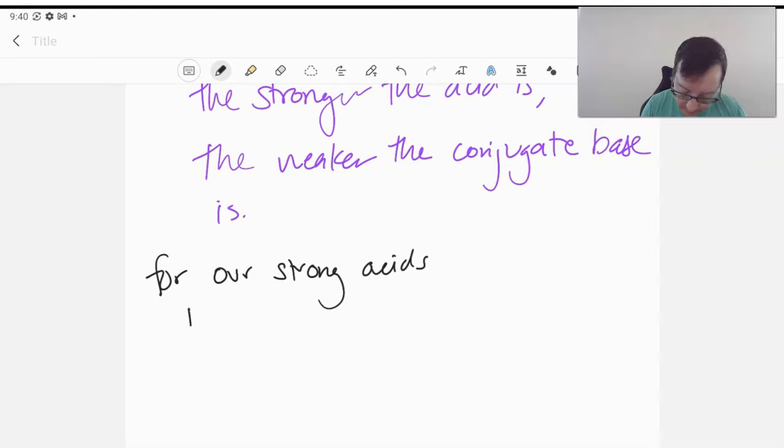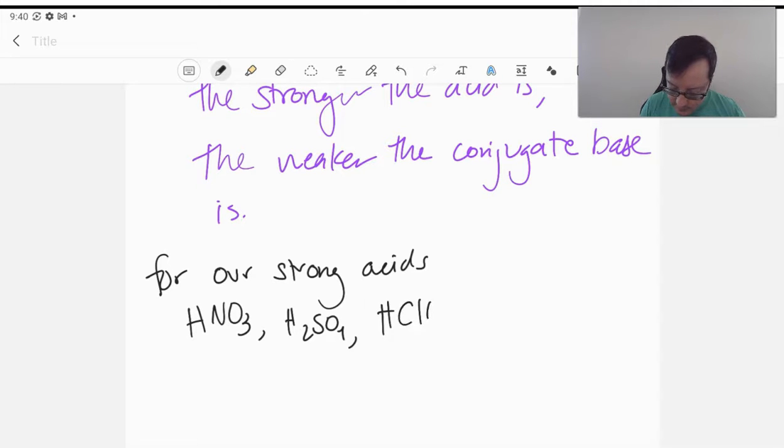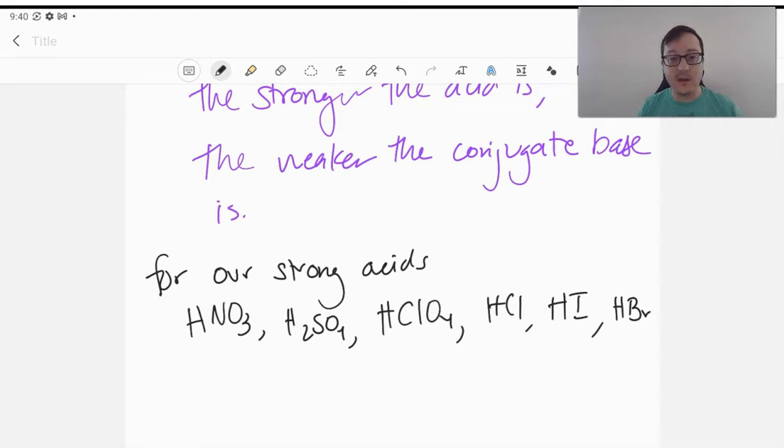So I'll just write those out: HNO3, H2SO4, HClO4, HCl, HI, HBr. These are our strong acids. They're called strong, as opposed to stronger, because they dissociate completely. They're strong electrolytes. When we're talking about stronger, they can be weak acids. We're just comparing their relative strengths.